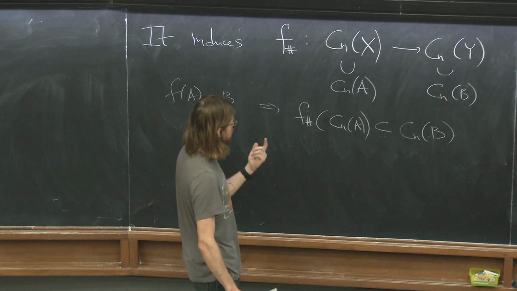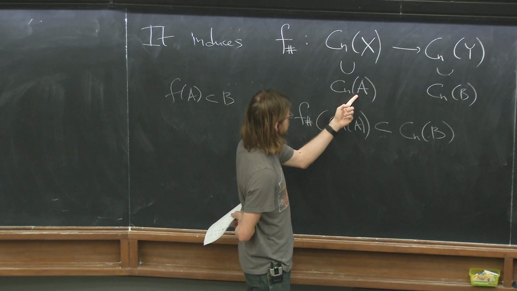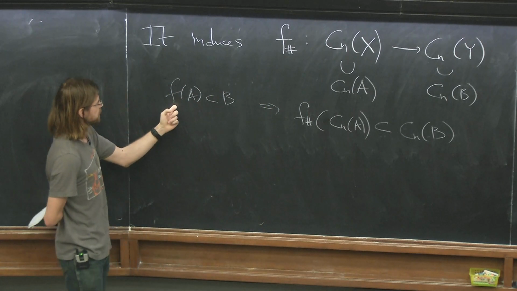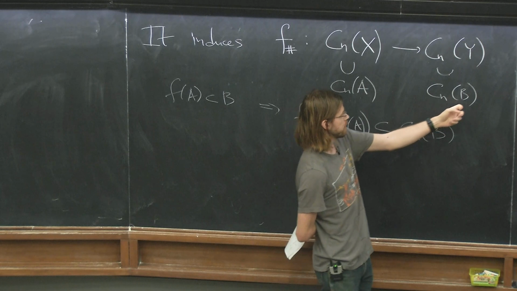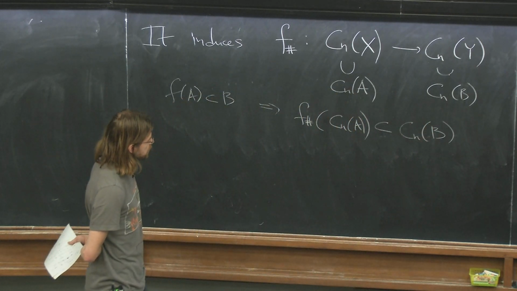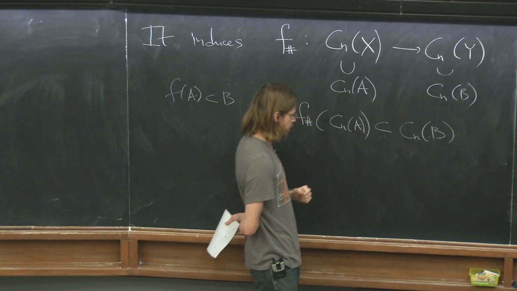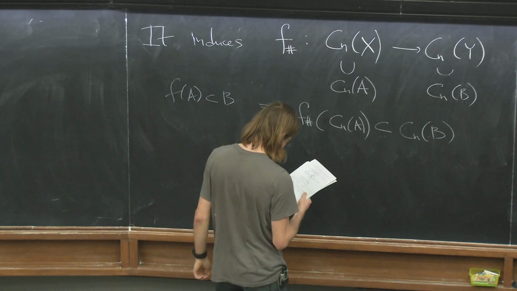So if you have a singular simplex with image in A, and we compose this with the map f, which satisfies this property, its image will necessarily be in B. That's why we have the corresponding inclusion of the abelian groups of singular chains, which are generated by singular simplices.